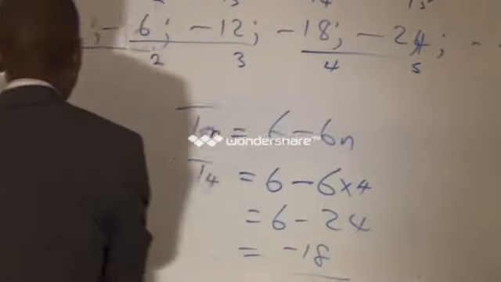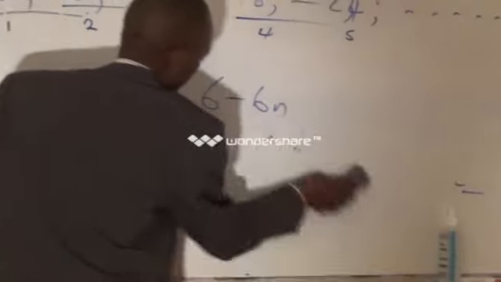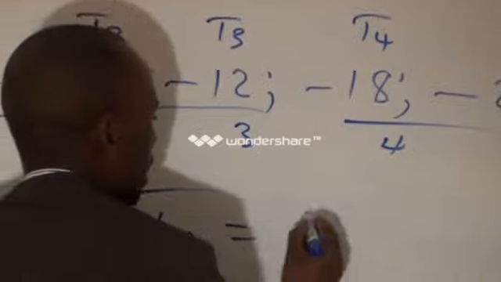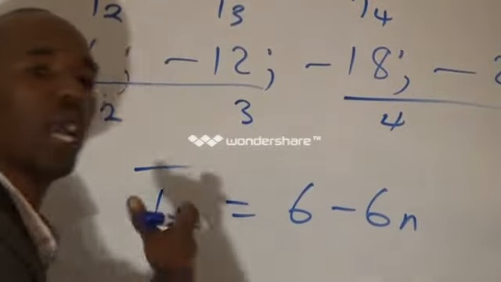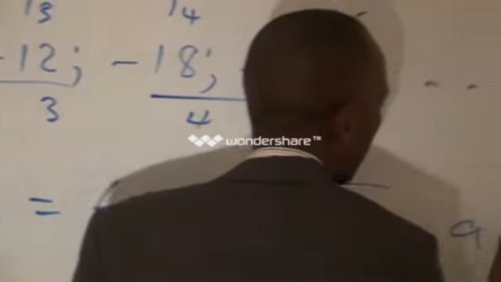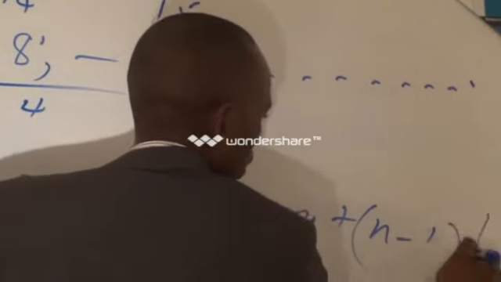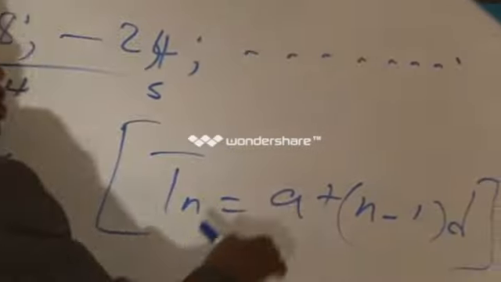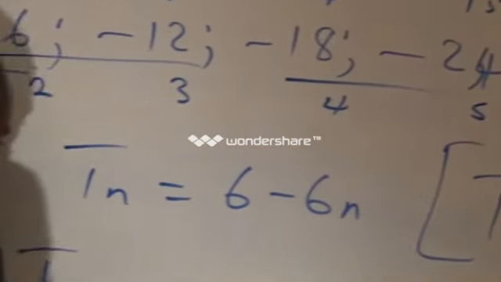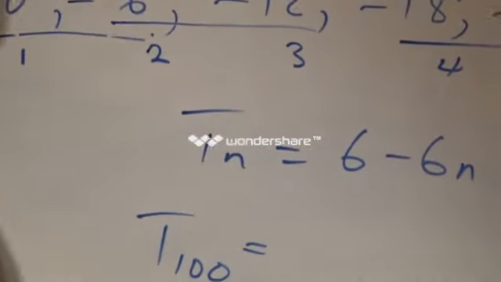So if I were to ask you in general, what is the 100th term of this sequence? We know that Tn in this case is 6 minus 6n. And where are we getting this from? We're getting it from the general one which we just derived together, a plus n minus 1 d. Only that in this case we do have our a, we do have our d, so we can simplify that to get that. So if you want T100, how do we find the 100th term?